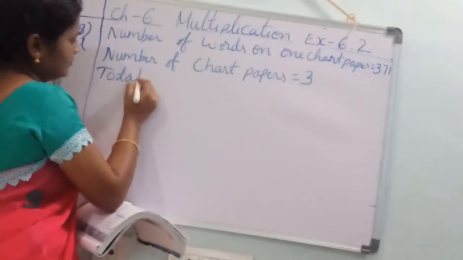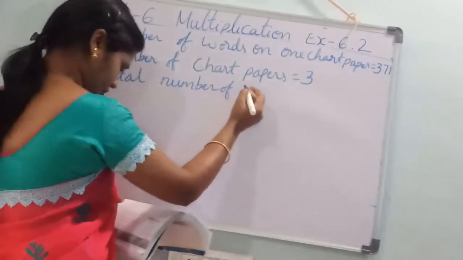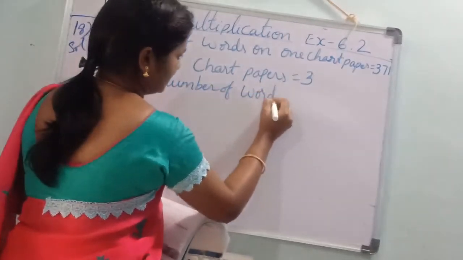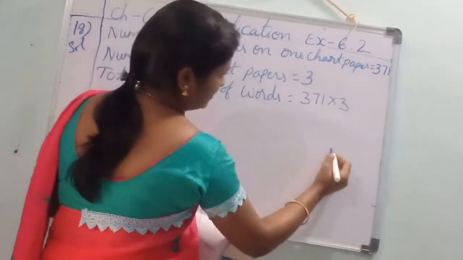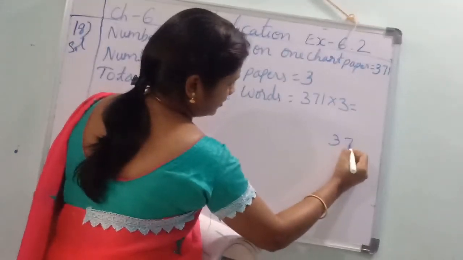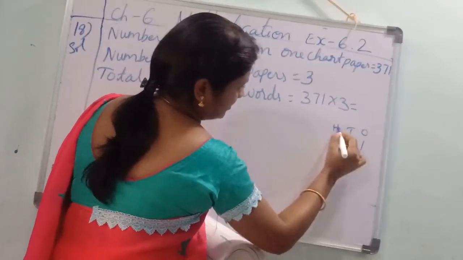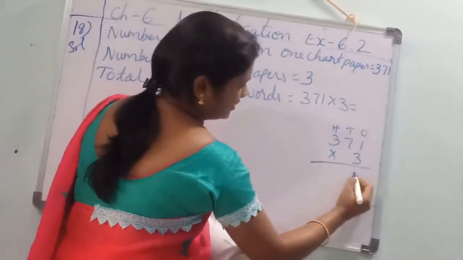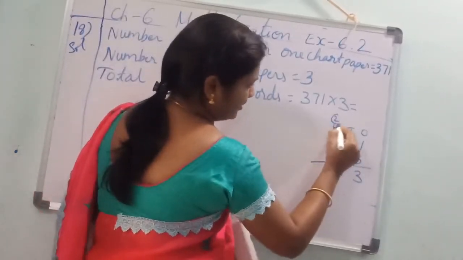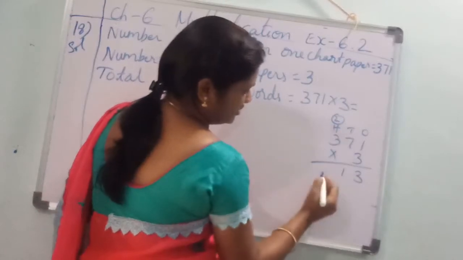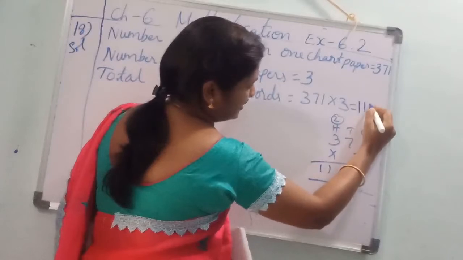Total number of words is equal to 371 into 3. Ones, tens, hundreds into 3. 3 ones are 3. 3 sevens are 21. 1 here, 2 carry forward. 3 threes are 9. 9 plus 2, 11. What is that? 1113.